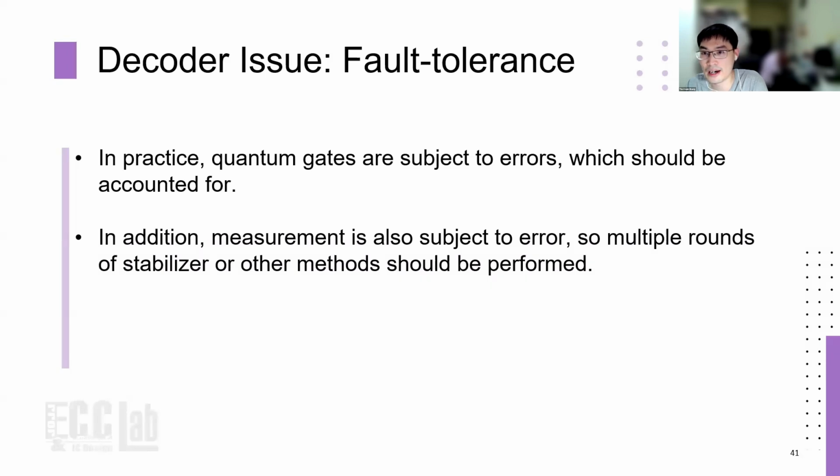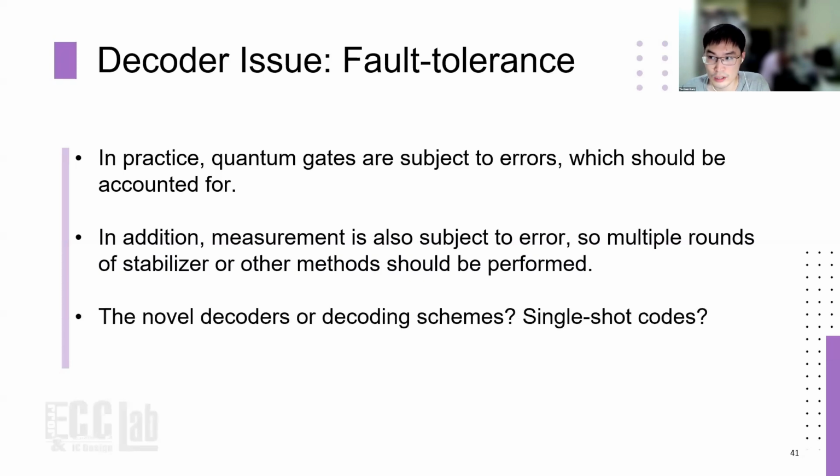And apparently, once considering those errors, the performance will be worse. So new decoders or even new codes are needed. Recently I noticed that single-shot codes, with a decoder using BP plus OSD, have been proposed.